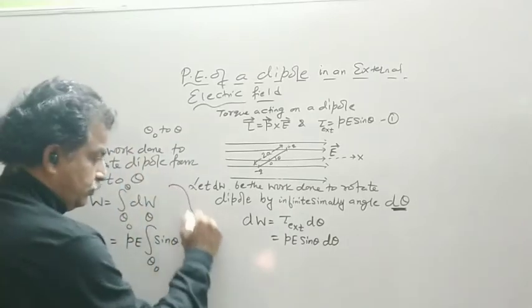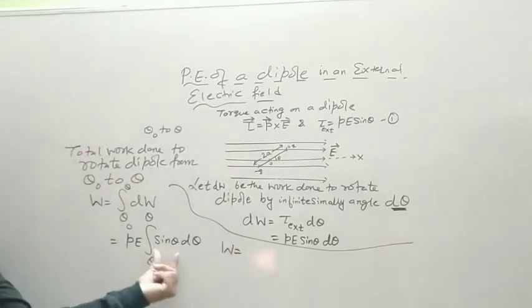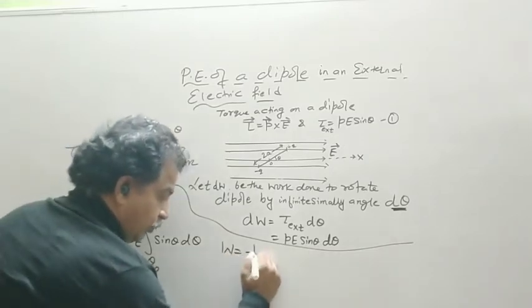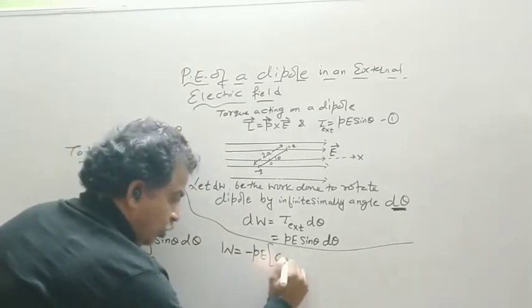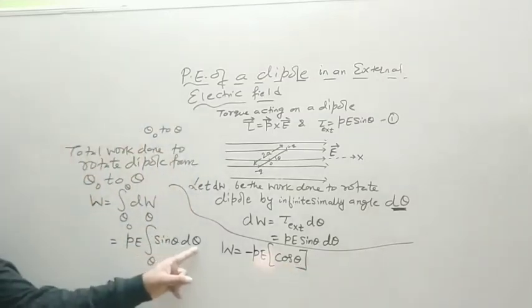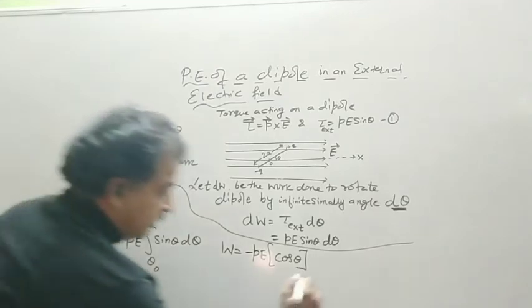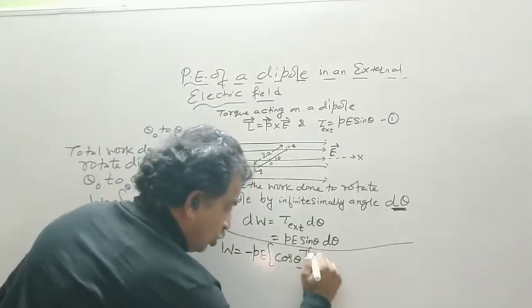Therefore W is equal to, now the integration of sin theta d theta is minus cos theta. So minus PE cos theta, limit theta naught to theta.